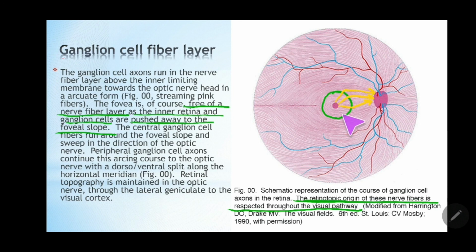This is a concavity here because of the fovea centralis. So they will climb up to the slope and then they will move towards the center, you can say the center of the optic nerve. So the central ganglion cell fibers run around the foveal slope and sweep in the direction of the optic nerve.